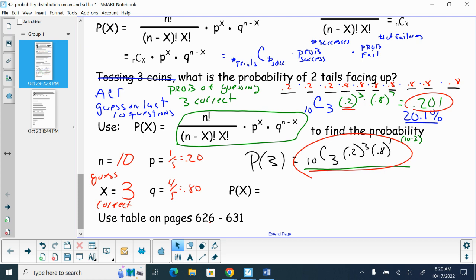But if you have to do multiple values, I will give you probabilities that are multiples of 5, so you can pull these values from the table. There is a method to my madness.